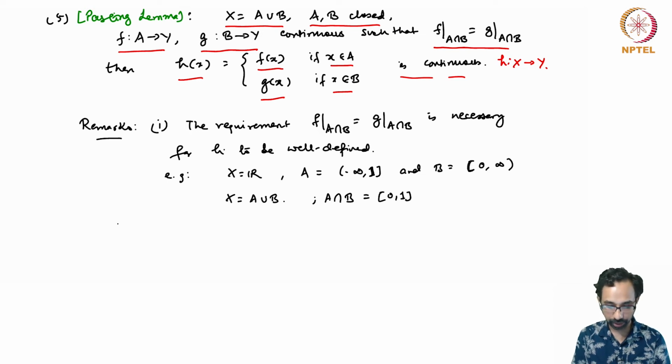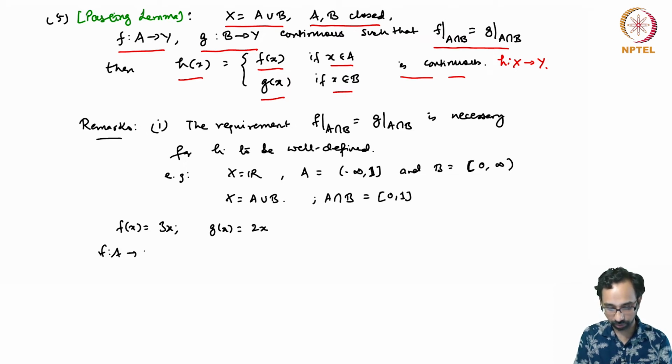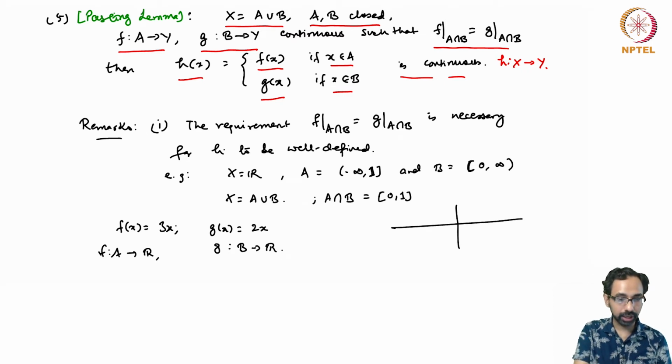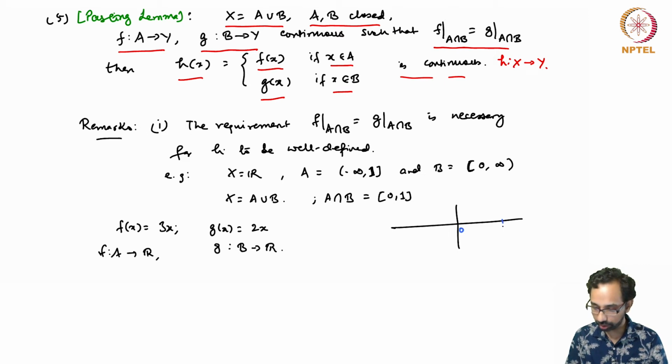Now if you take f(x) equals 3x and g(x) equals 2x, so f is a function from A to R, this is Y, and g is a function from B to R. So what does it look like? So you have the plane and you have the points 0 and 1 here.